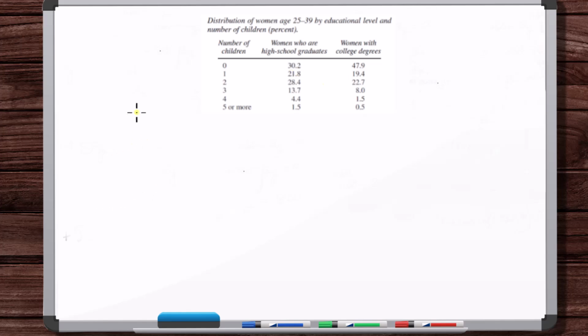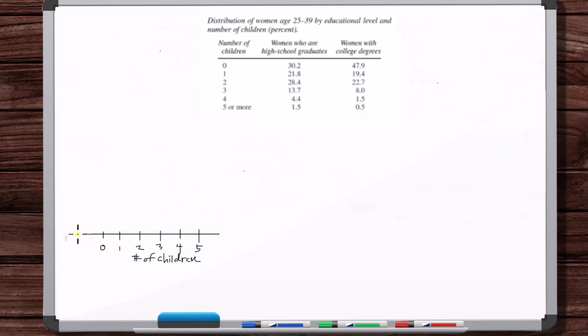So for high school graduates, we'll start with the horizontal axis. So 1, 2, 3, 4, 5. This is number of children. And we're going to have a bar for 0 as well.